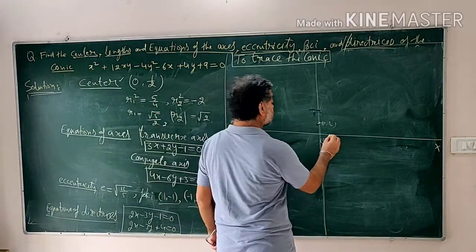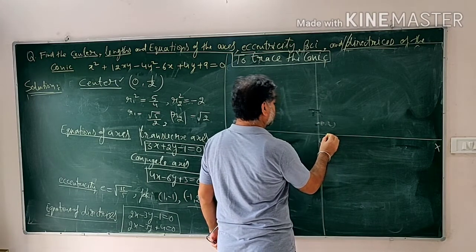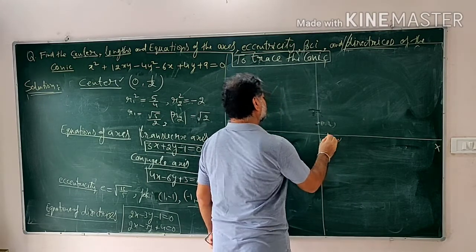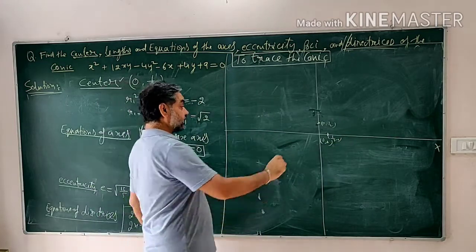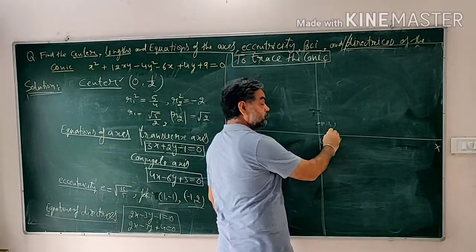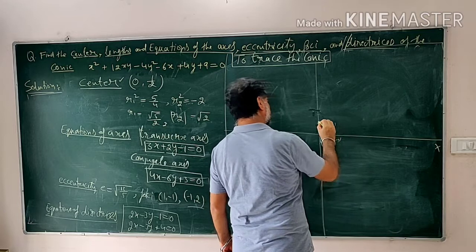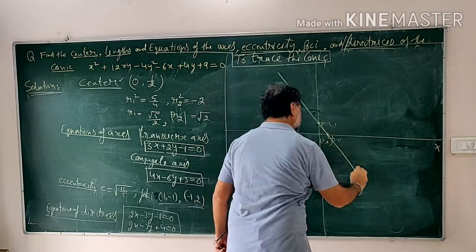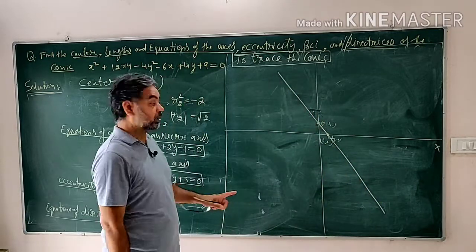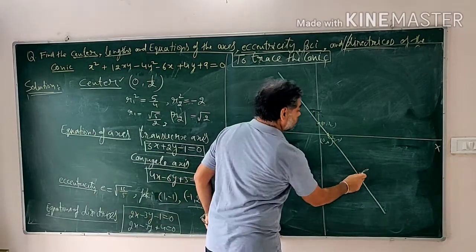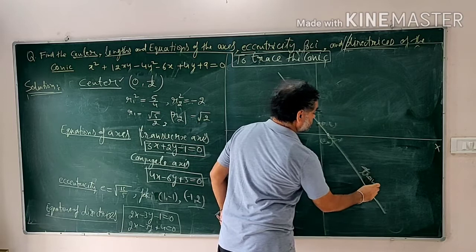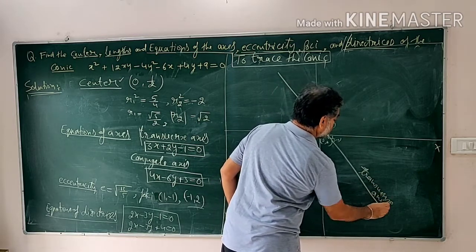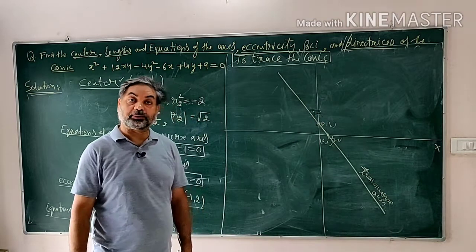So this point, somewhere here, 1 by 3, 0, is another point on the transverse axis, and you can join these 2 points. This line is the transverse axis of the hyperbola.